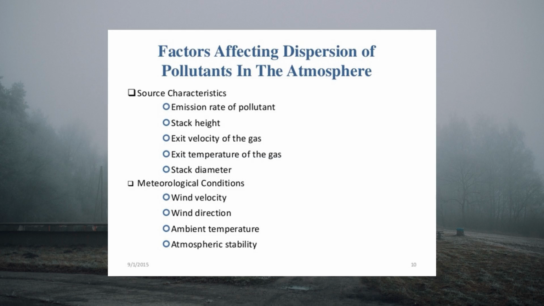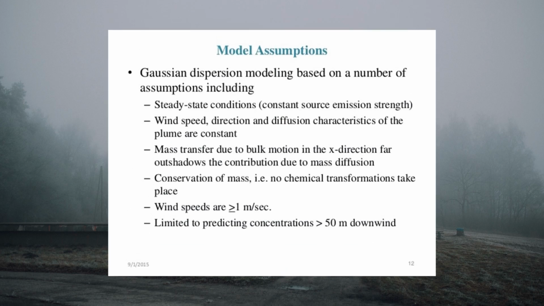The stack diameter and the meteorological conditions: the wind velocity, wind direction, ambient temperature, and atmospheric stability. But the Gaussian plume model assumes steady state conditions, like a constant source emission strength. There is no change in the grams per second of the pollutants while it is being emitted into the atmosphere. The model considers it as a constant.